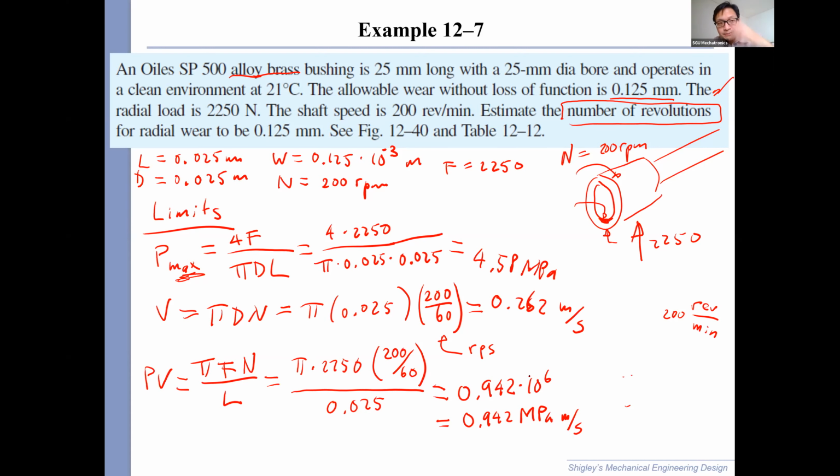So the unit here is Newton per meter square, meters per second. And this is Pascal. So 10 to the 6, mega, 0.942 megapascal meters per second. Any question on the calculation?